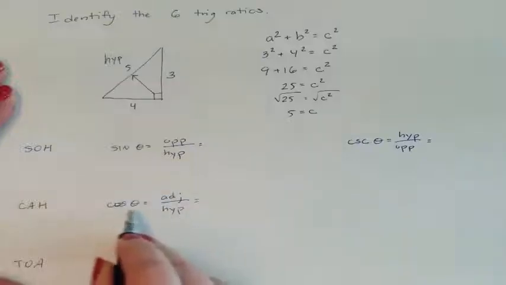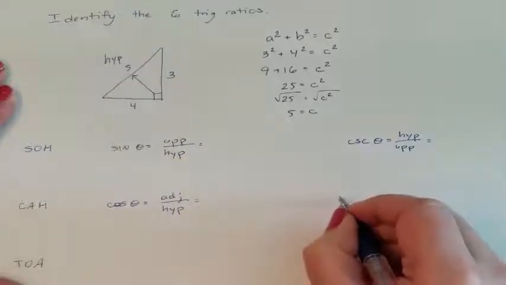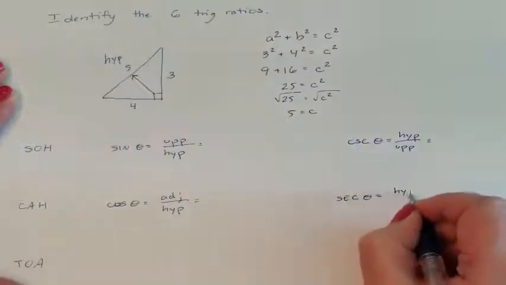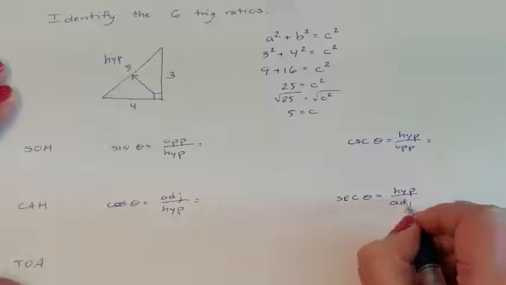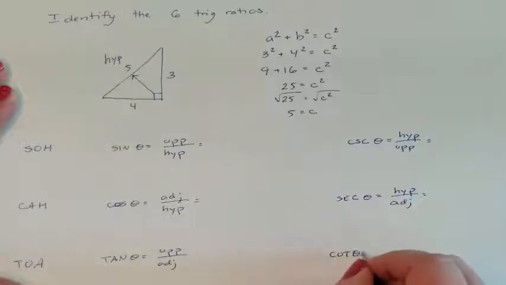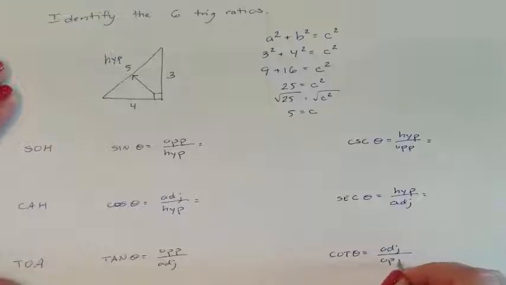It also helps me to remember that its reciprocal fraction is secant of theta, which is going to be hypotenuse over adjacent. TOA helps me remember that it is tangent of theta, and the O over A tells me it's opposite over adjacent. And then its reciprocal is cotangent of theta, which would be adjacent over opposite. These are all the helping tools.